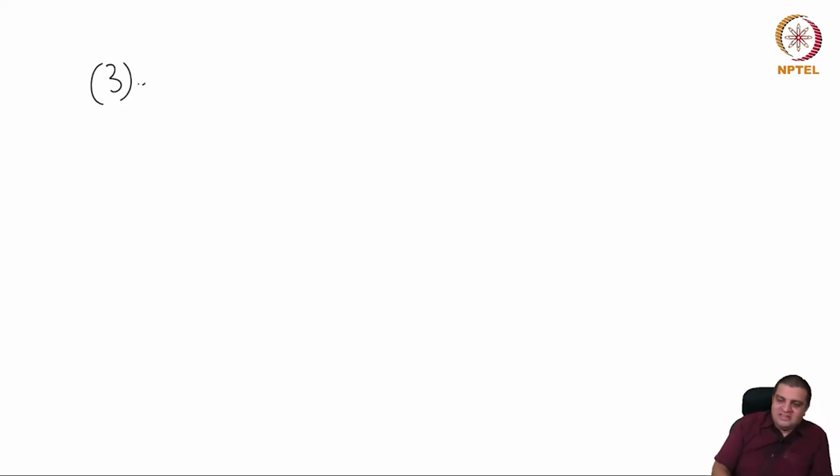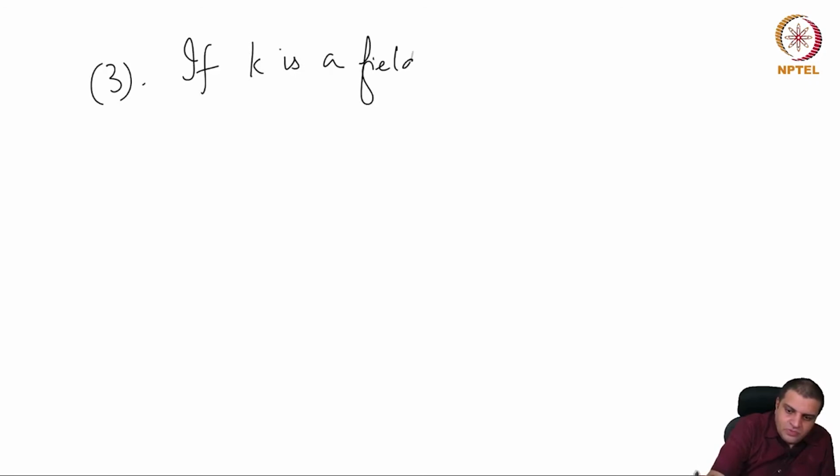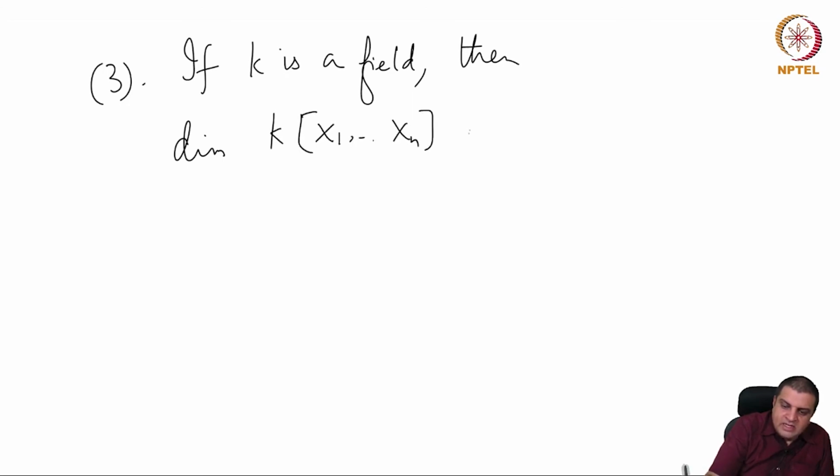If K is a field, then the dimension of K[x1, ..., xn] is at least n.